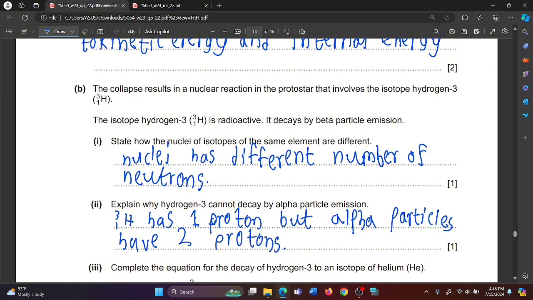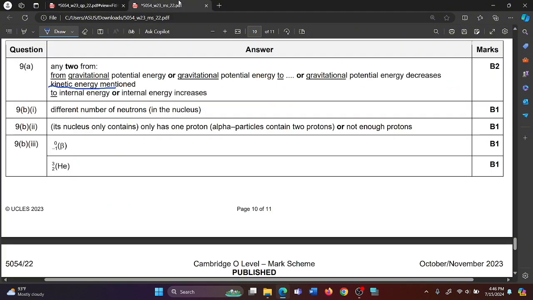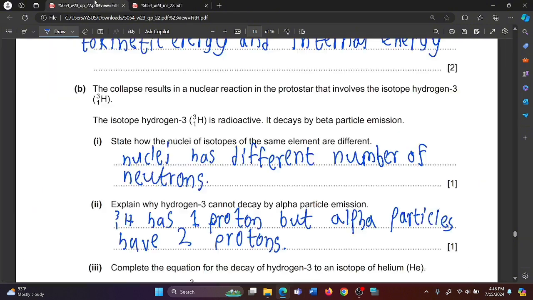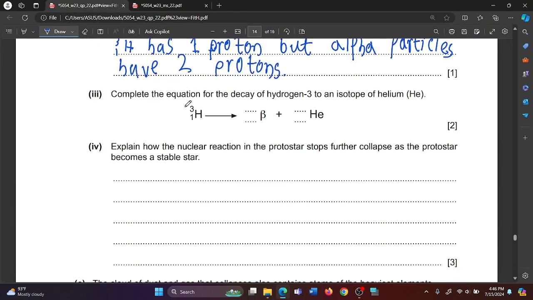Thus, hydrogen nucleus cannot undergo alpha emission. Let's look at the mark scheme. Only has 1 proton. Yes, we got this mark. As we wrote, it has 1 proton or not enough protons. We got this mark. Okay, so let's move on to part 3.